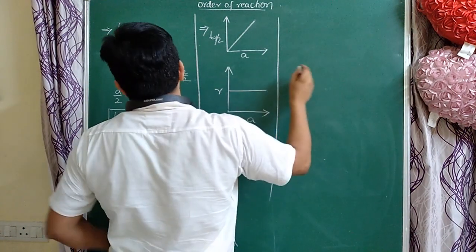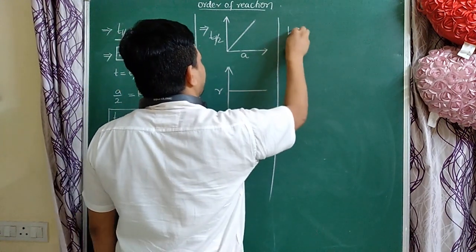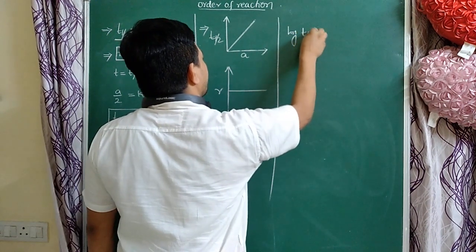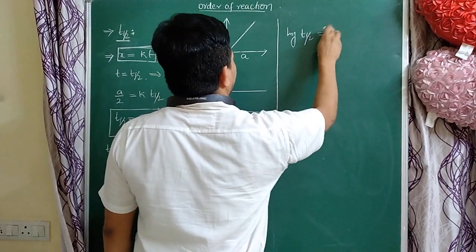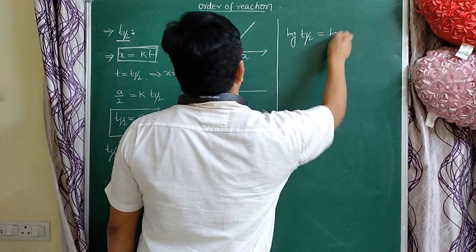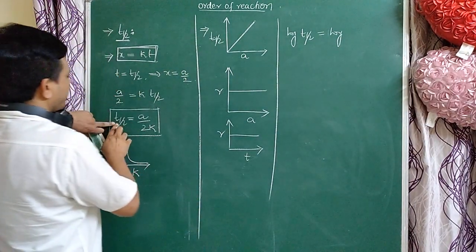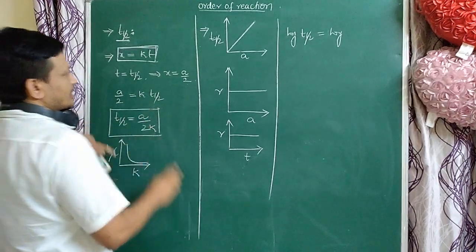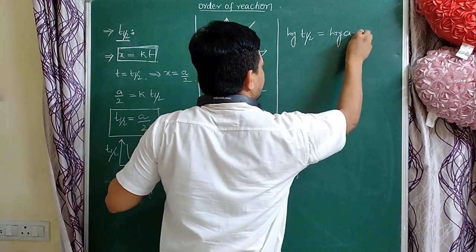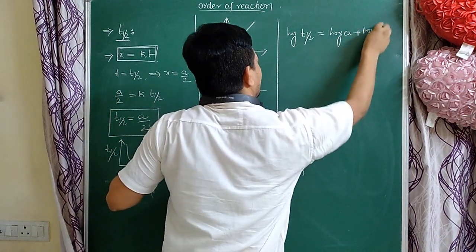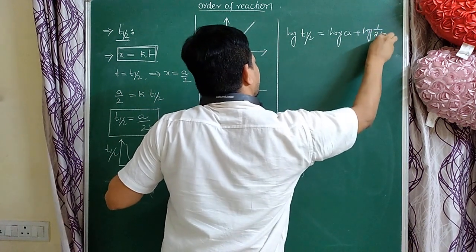So next, we apply the log on both sides. Log t-half equals, what is the formula? t-half equals a by 2k. Log a plus log 1 by 2k.